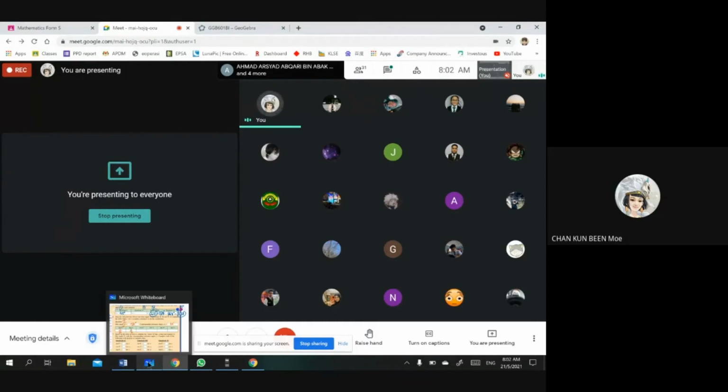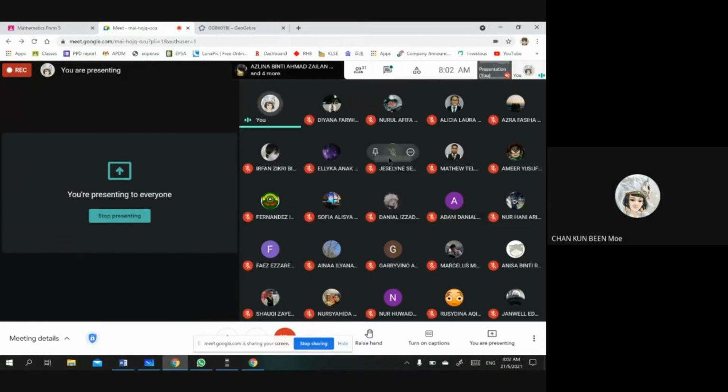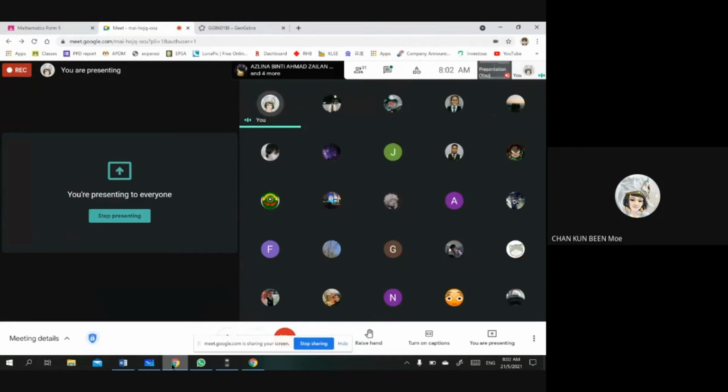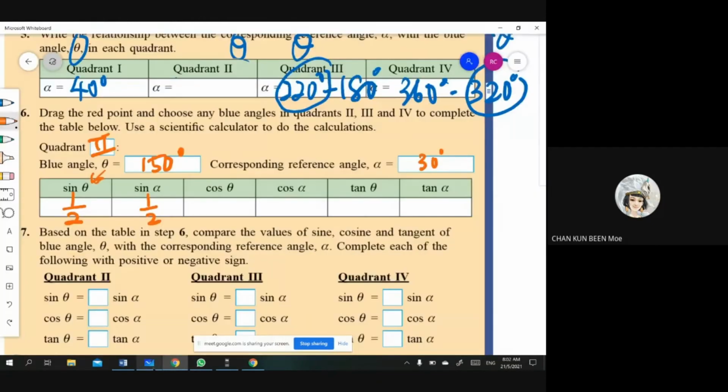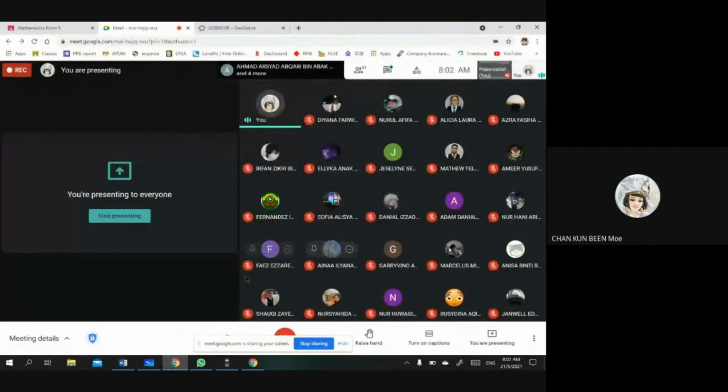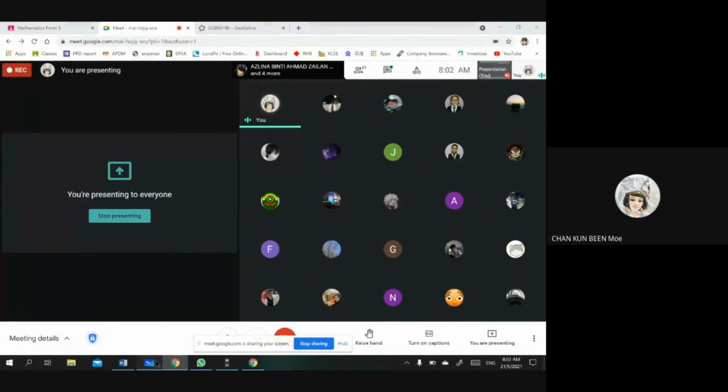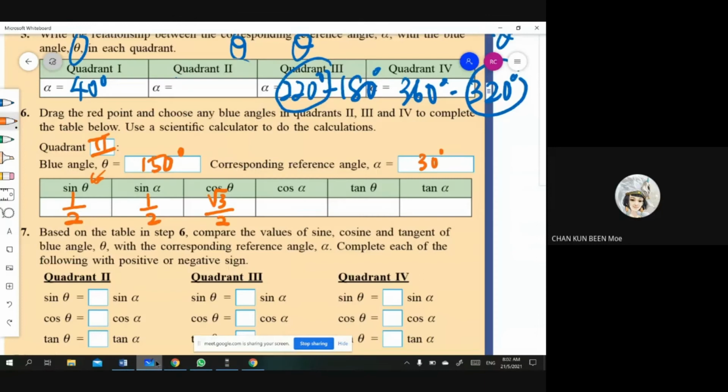Next person, can you find the cos alpha for me? Sanai, do you have a calculator with you? Yes, madam. Can you get the cos alpha for me? The rest, I'm going to assign each of you over here. Fernandez, you get me the tan theta. Sophia, you get me tan alpha.